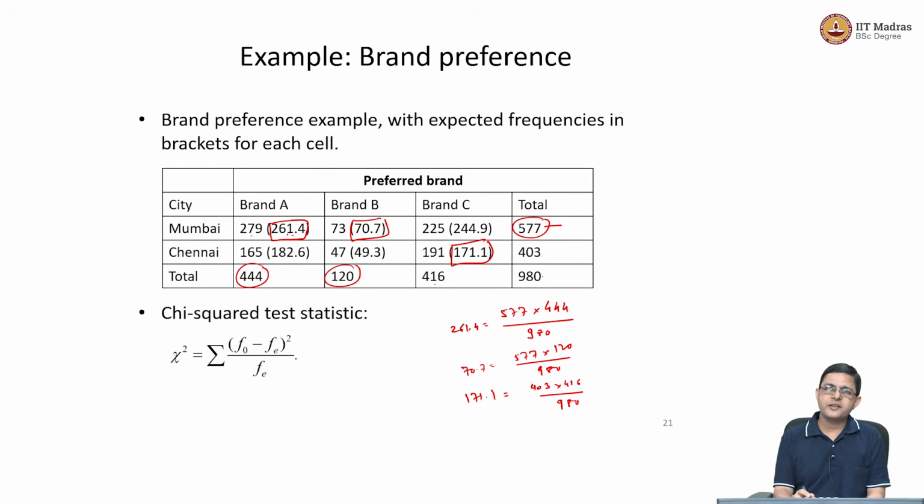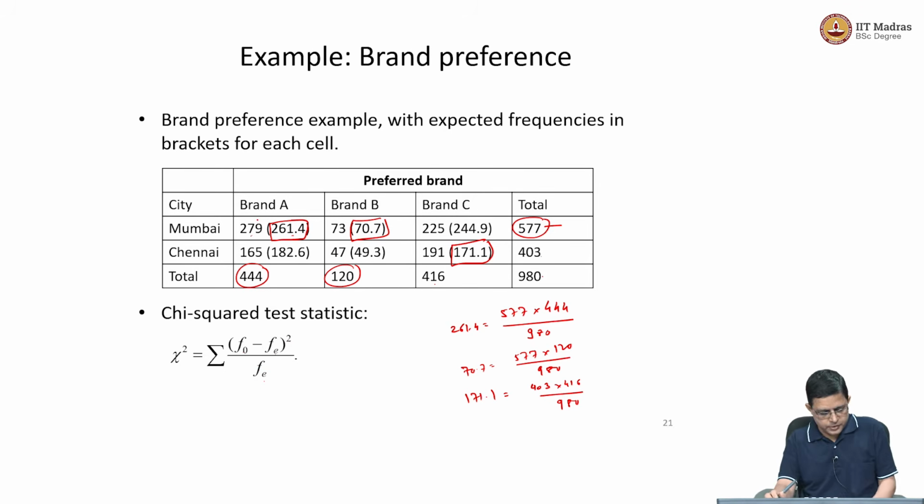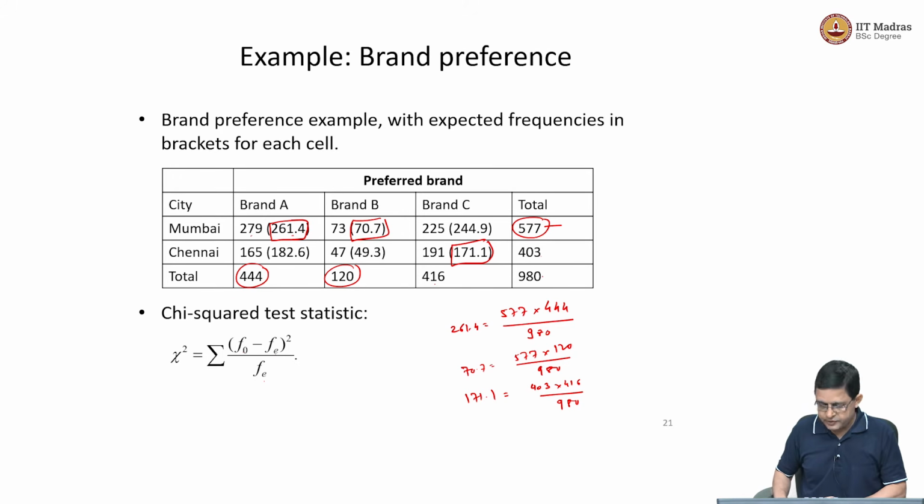Now, I calculate my test statistic, which is called the chi-squared test statistic. The chi-squared test statistic is calculated as the summation of the observed frequency minus expected frequency, squared, divided by the expected frequency. Just to show you, 279 and 261.4 are the observed and expected frequencies.